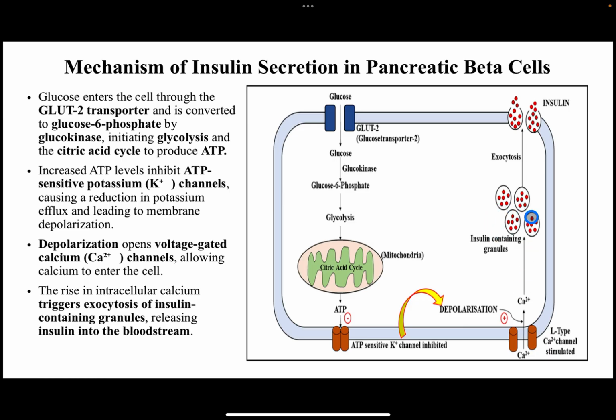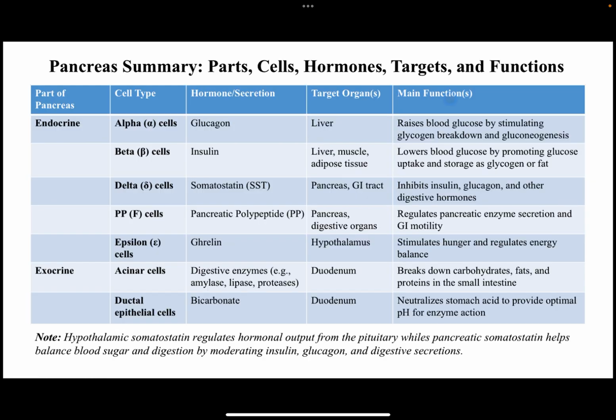And that would force the release of insulin from the insulin-containing granules. Then exocytosis will occur so that the insulin will leave the beta cell. This process is what we call the mechanism of insulin secretion in pancreatic beta cells.